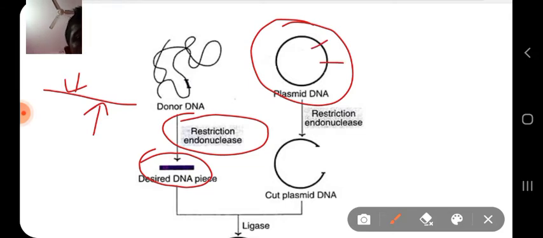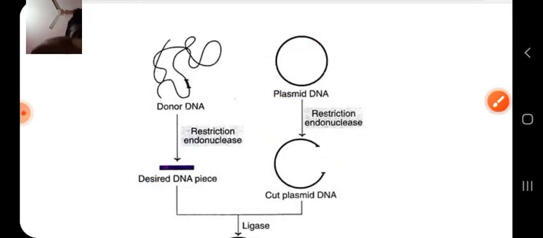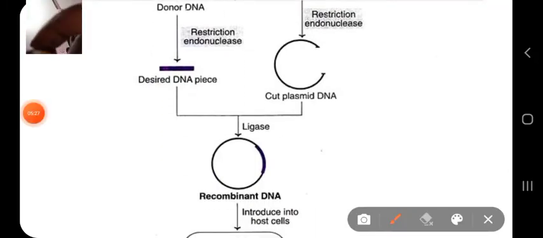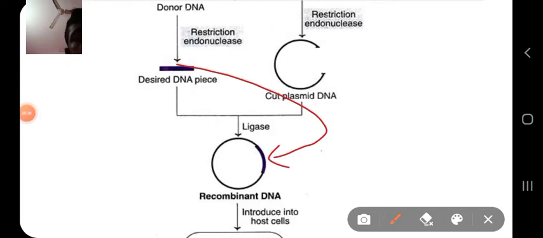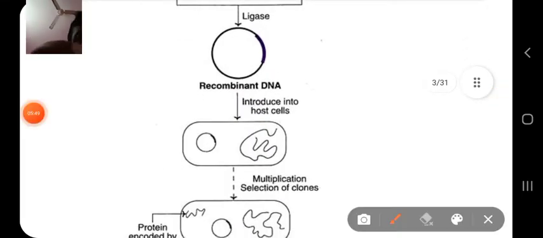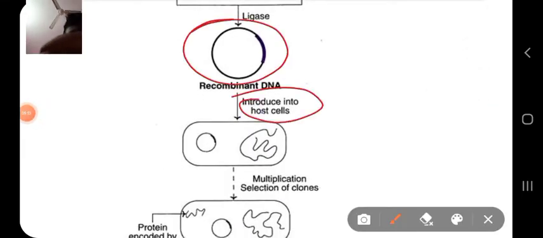After cleaving it, we insert this DNA of our interest, carrying the desirable protein, into that plasmid with the help of ligase enzyme, and thus we produce a recombinant DNA. Now this recombinant DNA is introduced into the host cell where the plasmid makes millions and millions of copies, and thus millions of copies of our gene of interest will form.